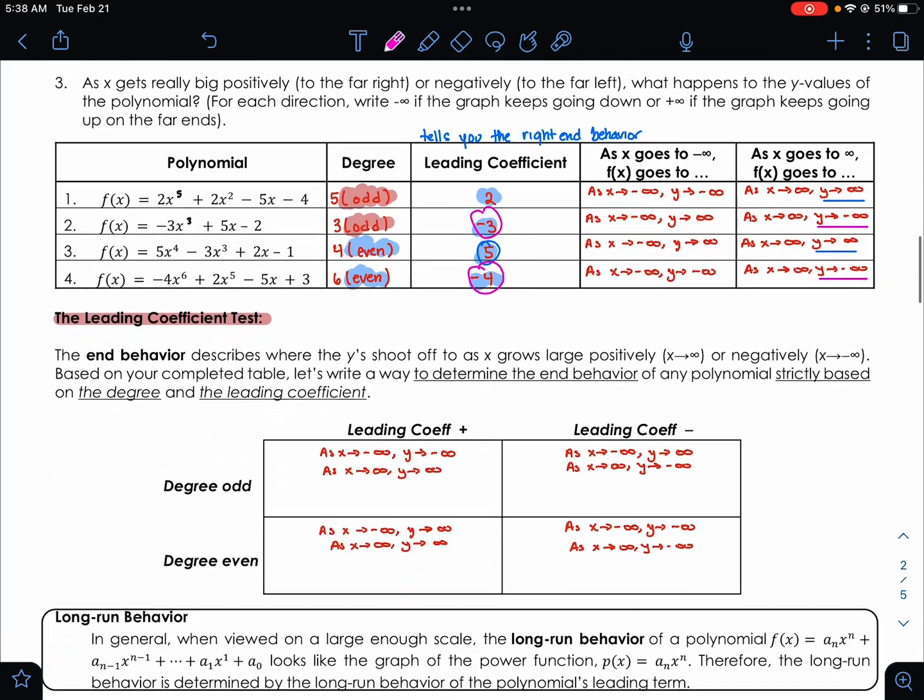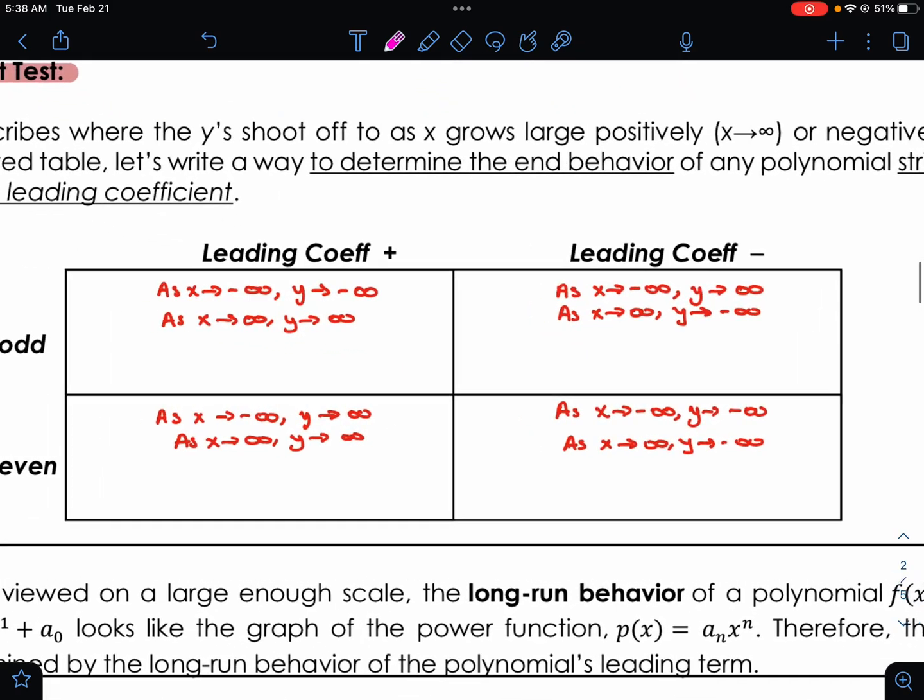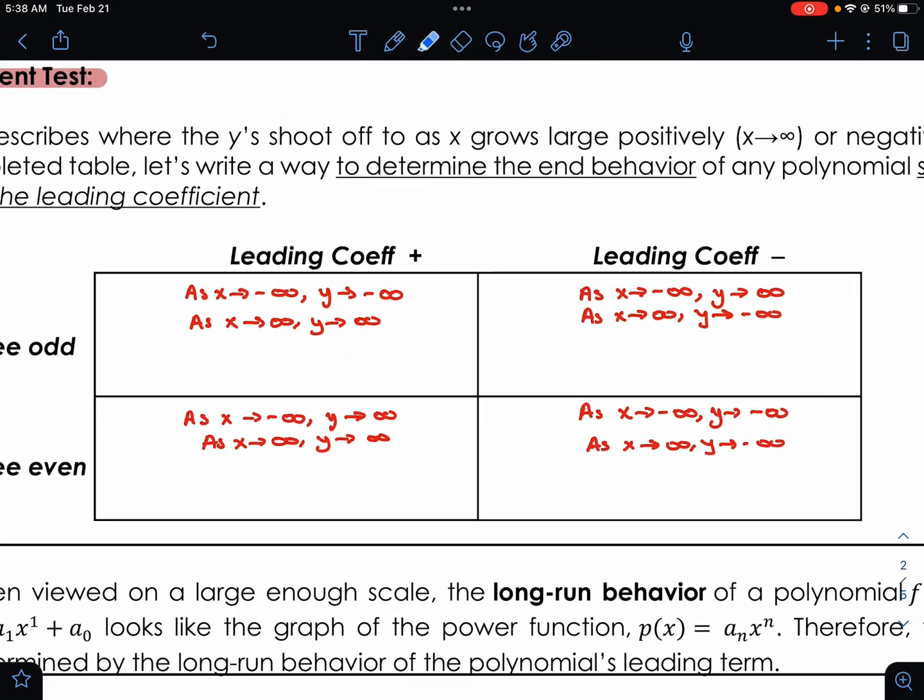So when you're looking at this little chart, when you have a positive leading coefficient, you have a positive end behavior on the right. So as x approaches positive infinity, y approaches positive infinity.